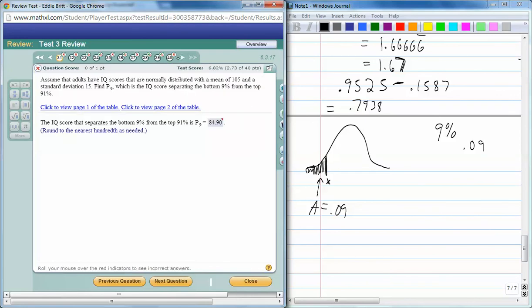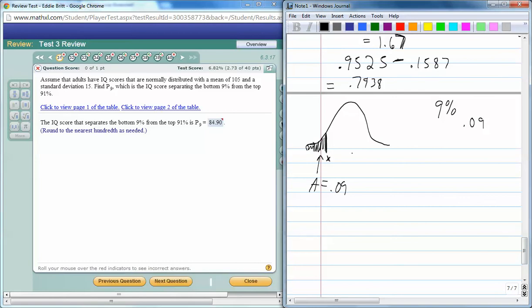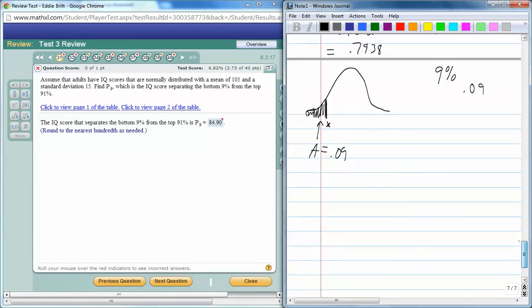Now to figure out that number, I'm going to have to use my z-score formula. Okay, so how would I use that z-score formula? Because the z-score formula is z equals x minus mu over sigma. Alright, so like any formula though, you can always solve for any of the variables. So how could I solve for x?